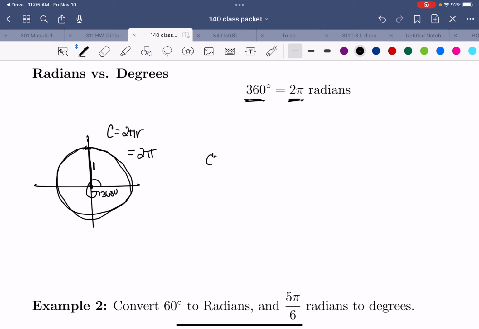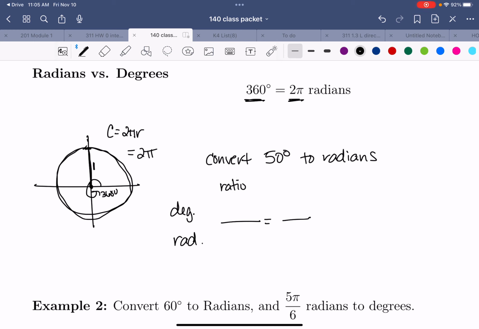So if we are to convert, let's pick something like 50 degrees to radians, I'm going to have degrees on the top, radians on the bottom, and I'm setting up a proportion here. I'm going to have the ratio, which is what we have above, and my angle.